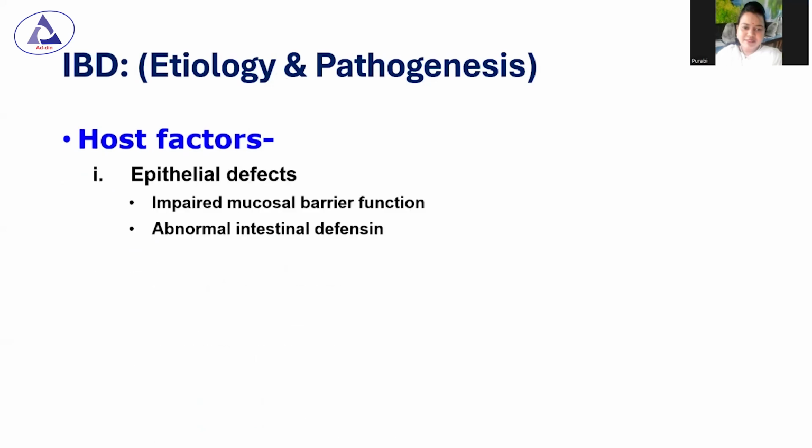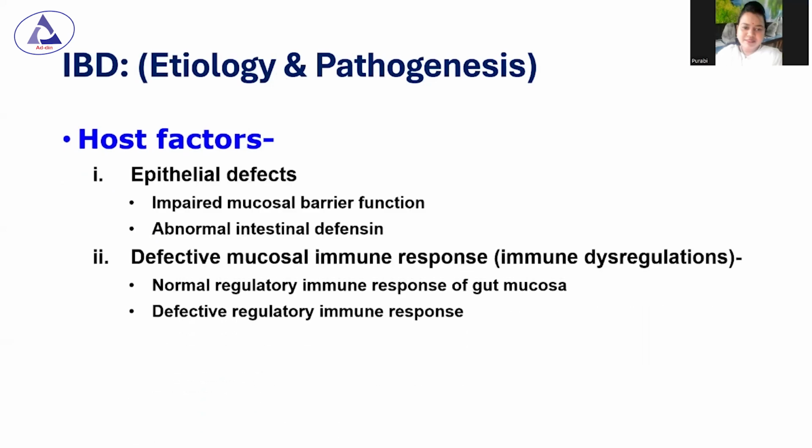Now, host factors. It's about epithelial defect and defective mucosal immune response. In epithelial defect, impaired mucosal barrier function is observed in inflammatory bowel disease, and it activates innate and adaptive mucosal immunity and sensitizes the individual to this disease.